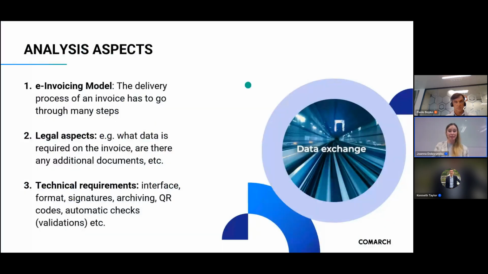Going a little bit deeper in terms of what should be analyzed, what part of systems, infrastructure, or processes should be analyzed when we are doing invoicing implementation. We should definitely analyze our invoicing model, so the current processes that we are having in the company.